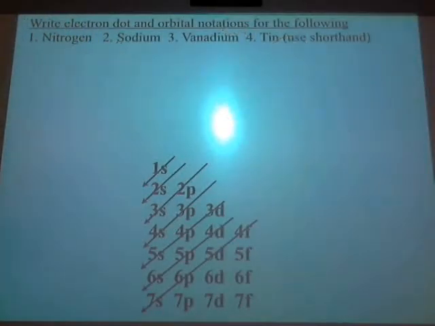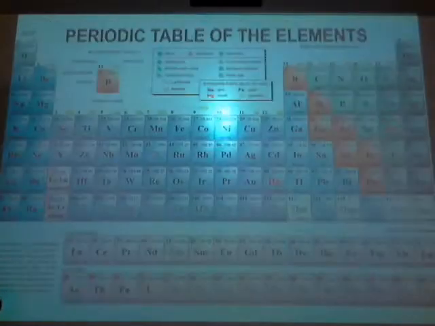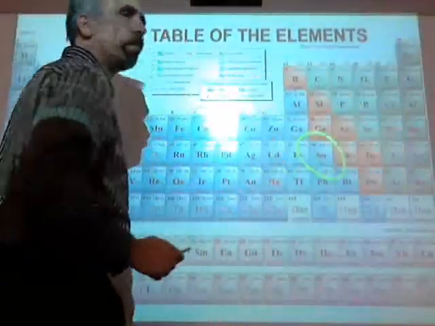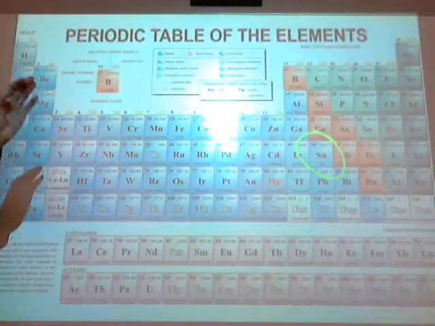Now, I've got to do the shorthand one. I'm going to erase everything and clean it up a little bit here and start from scratch for the shorthand. The shorthand problem, all right, I have to worry about the nearest noble gas. That's what I'm looking for, nearest noble gas. Tin is right here. See him? Who is the nearest group 8 element?